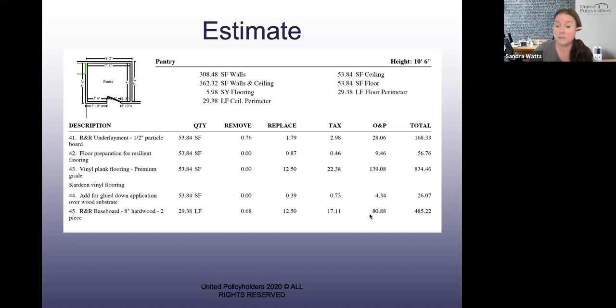In California and a lot of other states, it's called tolling, which means that the time it's taking them to write the estimate stops the clock on those different time limits. So they can't necessarily penalize you for their delays.